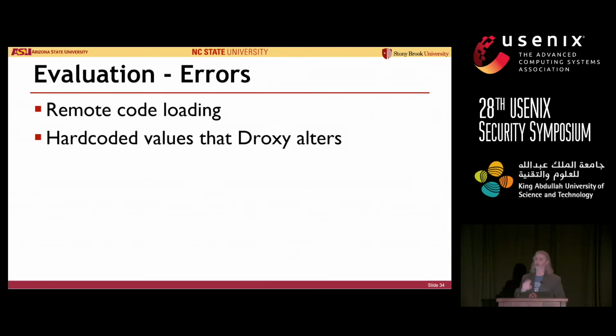For example, our Droxy promotes itself to be the first content script that executes so that it can intercept everything that's sent. And in one of the cases, the extension had hard-coded which spot it was in the list of content scripts. And then just some limitations with Droxy, where we could add additional functionality to support recursive iframe sourcing, for example.